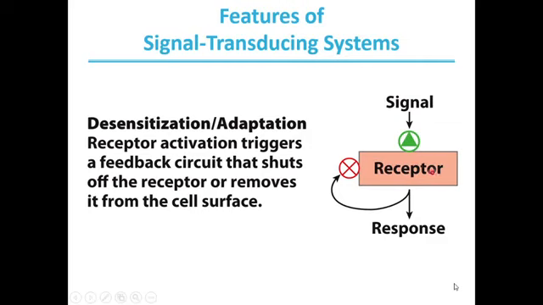As a result of this desensitization, the receptor no longer responds to the signal. When the stimulus falls below a certain threshold, the system again becomes sensitive. And that's how the desensitization or adaptation mechanism works.